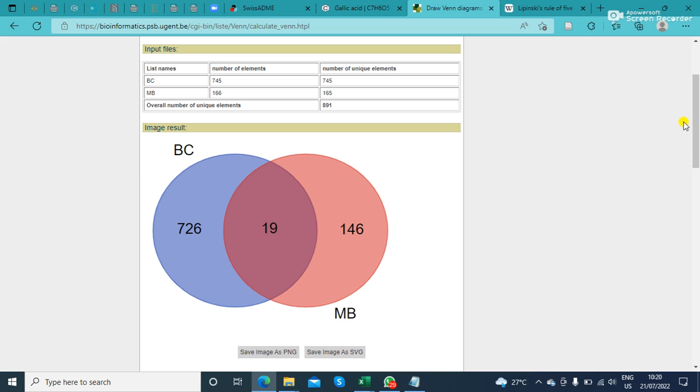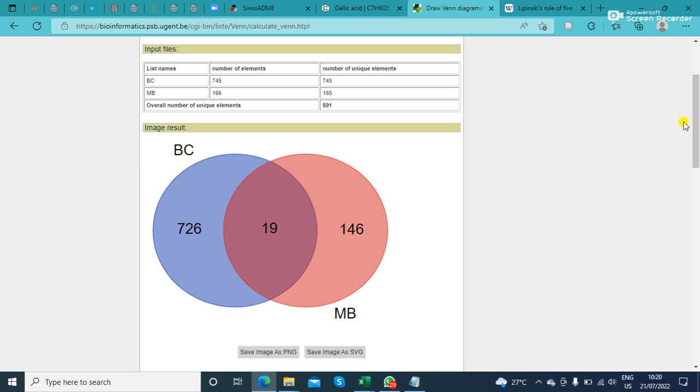So the next step after this is to take the common genes into different other databases, and later on we will draw the protein-protein interaction network to find the core targets among these common targets.